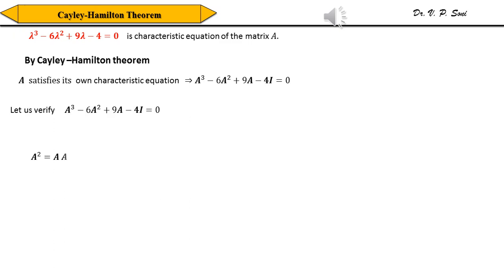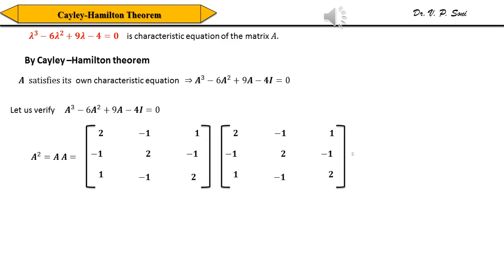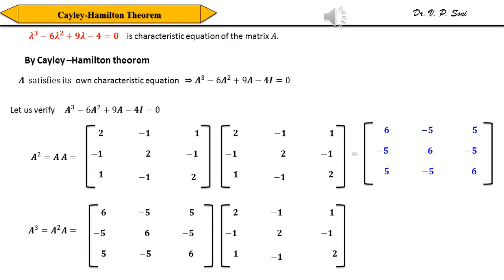A square equal to A into A. Then we get matrix A square whose first row 6, minus 5, 5, second row minus 5, 6, minus 5, third row 5, minus 5, 6. Now A cube equal to A square into A. Then we get matrix A cube whose first row 22, minus 21, 21, second row minus 21, 22, minus 21, third row 21, minus 21, 22.